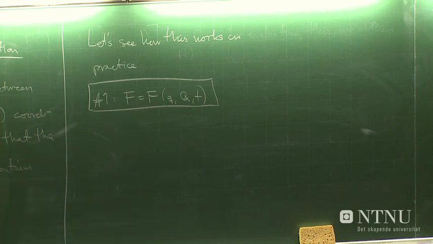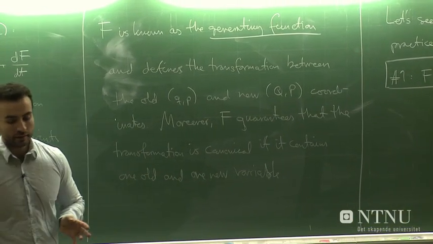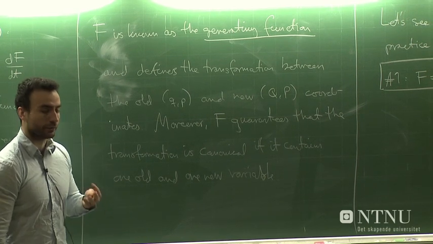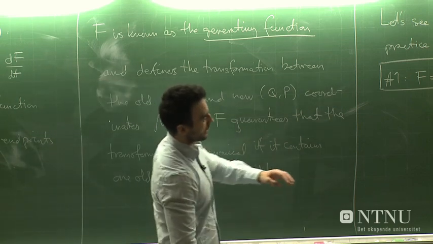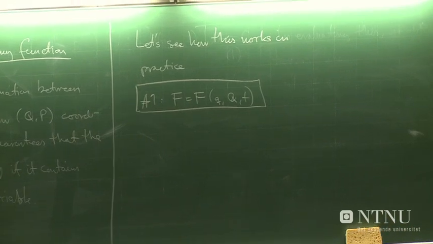Now, if f is supposed to contain one old and one new variable, there are 4 different combinations. Let's consider this one first. F is a function of small q and large q.